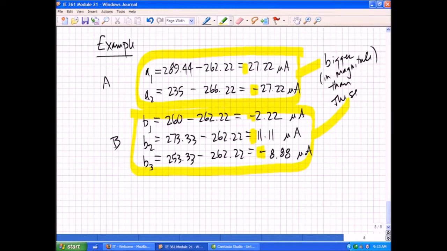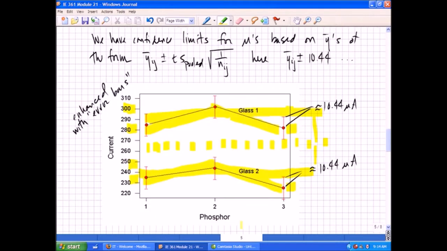Well, that again is obvious from the appearance of this plot. That is, the gap between the glasses is bigger than the up or down movement as I go left to right on this interaction plot. So those are reasonable quantifications of what we see visually on this picture.